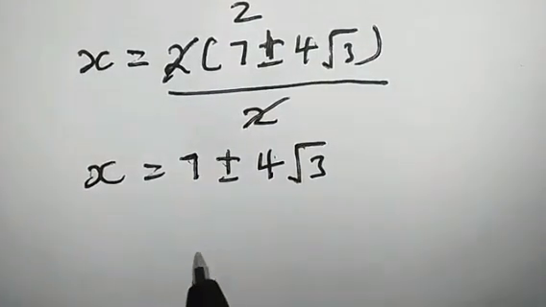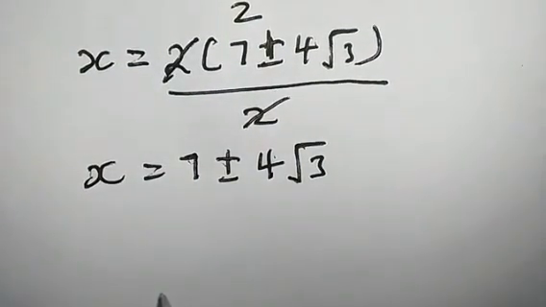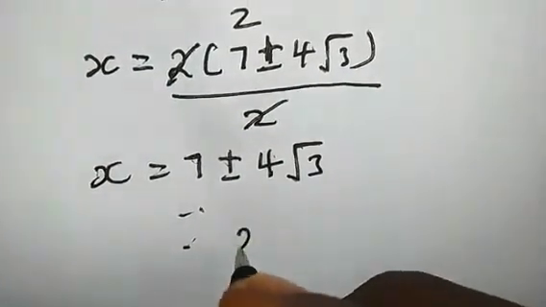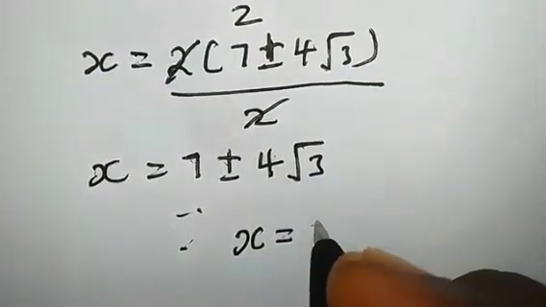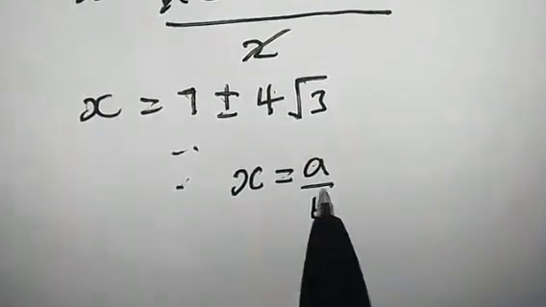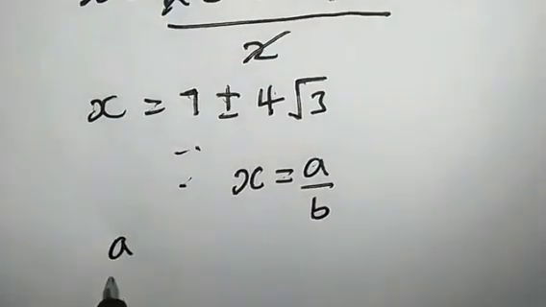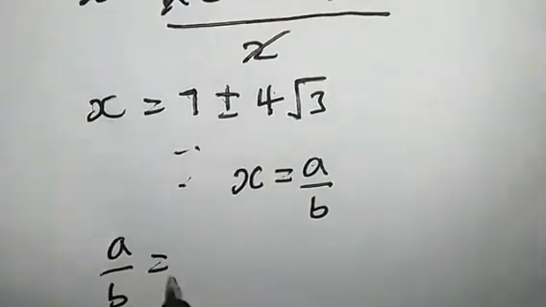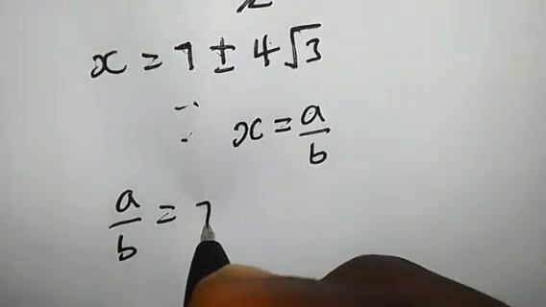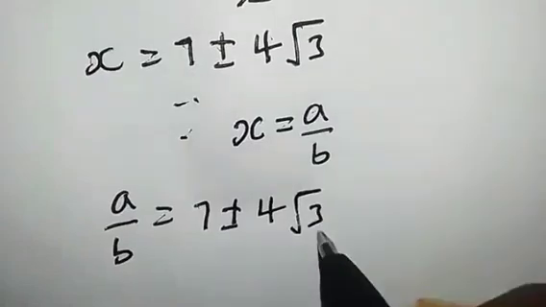You will see that this is a pair of solutions. But our goal is to find what? Our main goal is to find a over b. Since x equal to a over b, that means a over b is equal to 7 plus or minus 4 root 3.